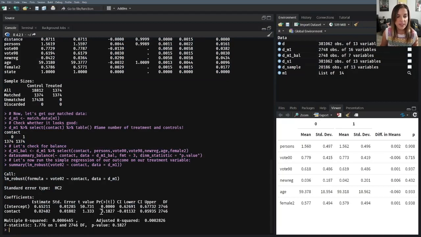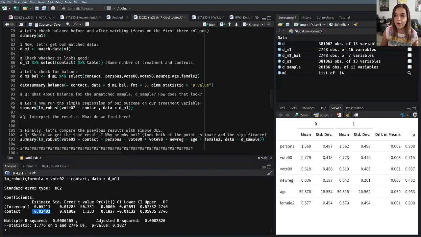You can see that because the p-value is actually larger than conventional values, it's closer to 0.2. So there's actually not a significant effect in this case. Again, assuming that we're controlling for all confounders, then this could be a causal effect. And again, we find really no evidence of an effect of contacting people here.